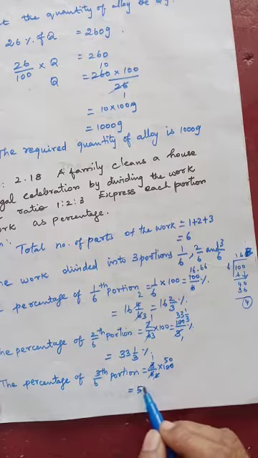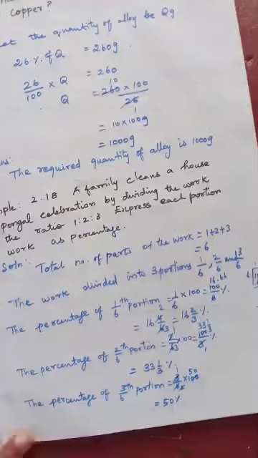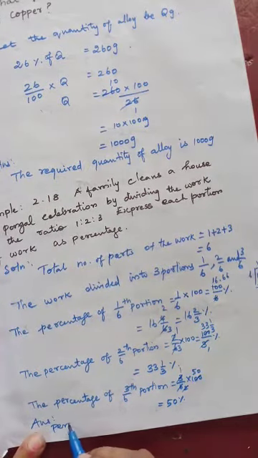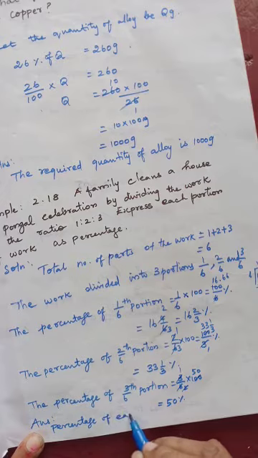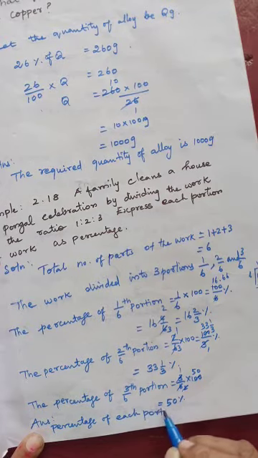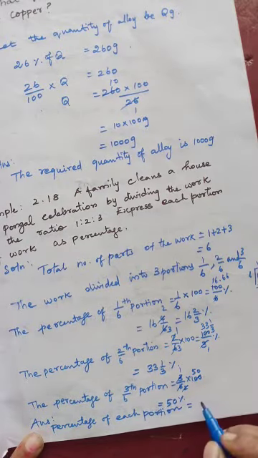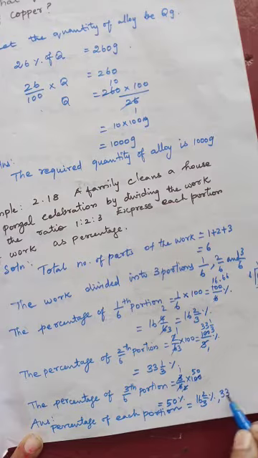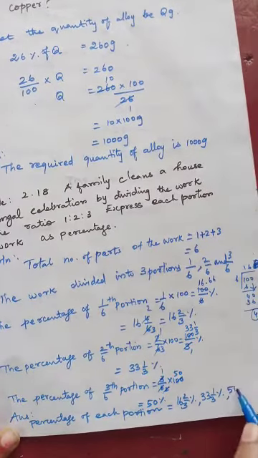So it is 50 percentage. Then answer, percentage of each portion is equal to 16 2 by 3 percentage, comma, 33 1 by 3 percentage, comma, 50 percentage.